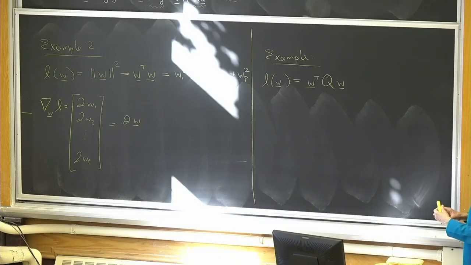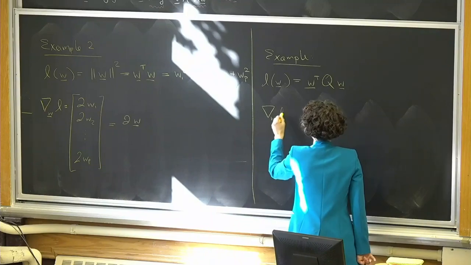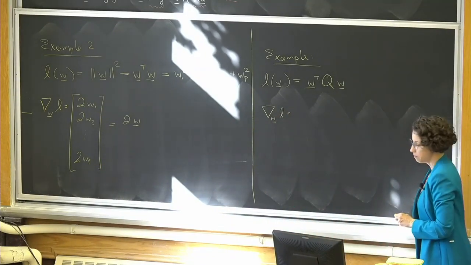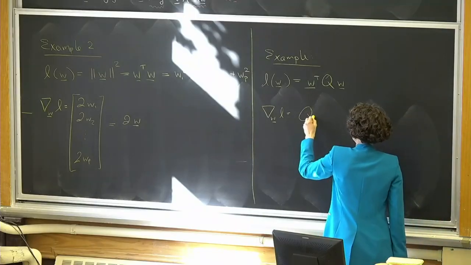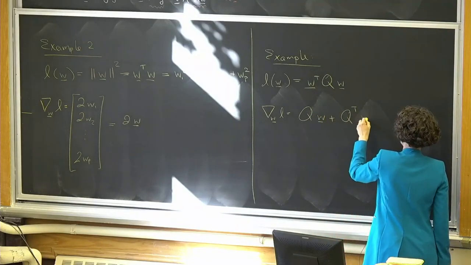And so writing out the expression for the loss in longhand is, like I said, more tedious. But in this case, it is possible to work out that the gradient of L with respect to W is equal to Q times W plus Q transpose times W.